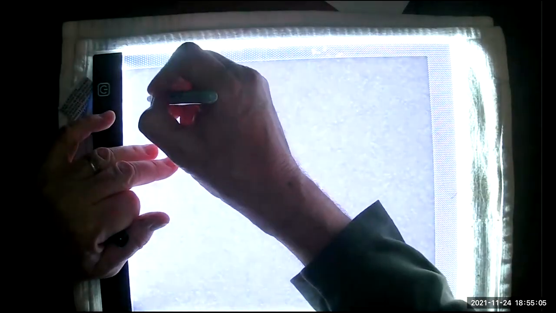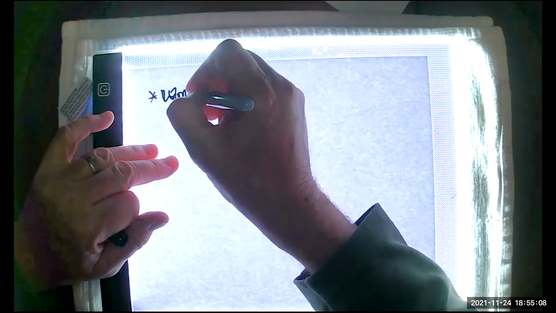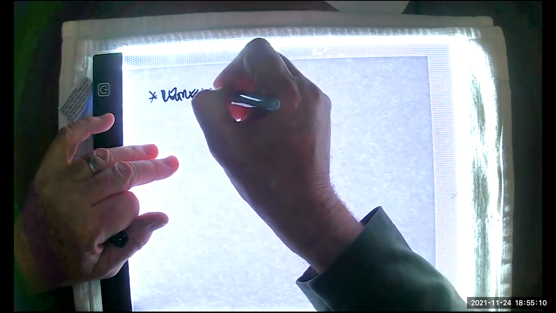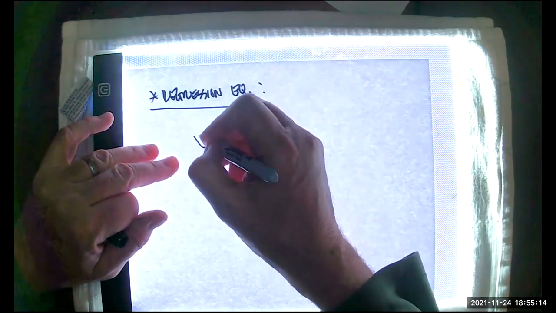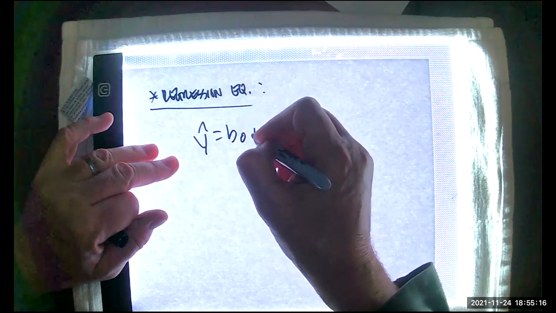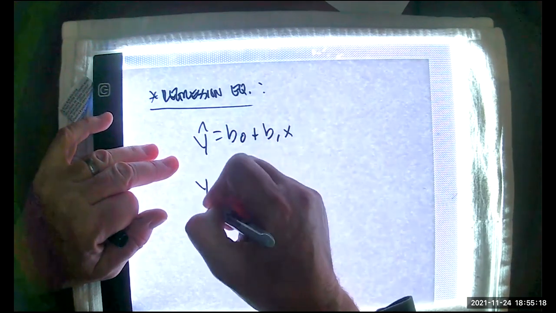So we are now going to go ahead and find the regression equation. That's the y hat equals b naught plus b1x.